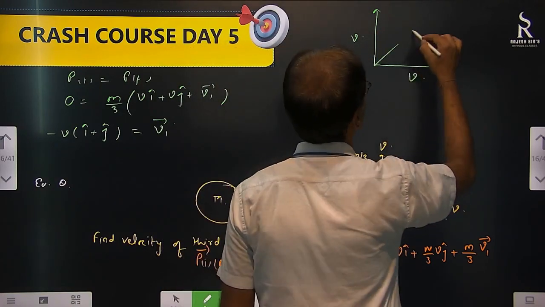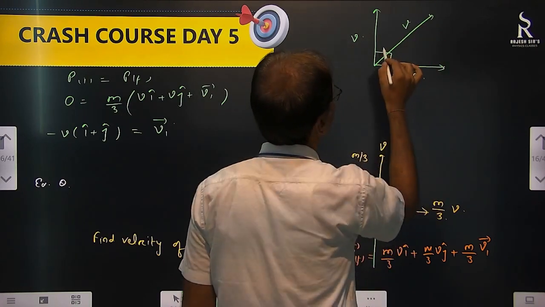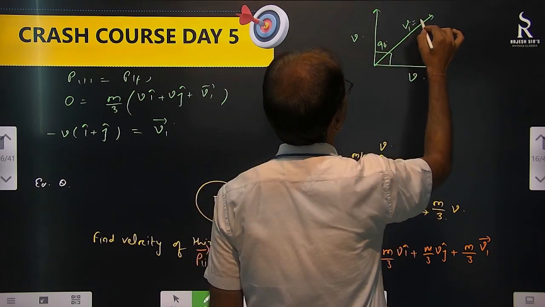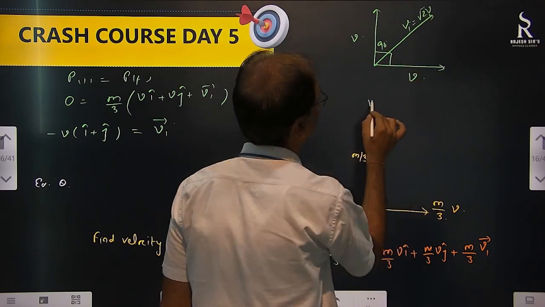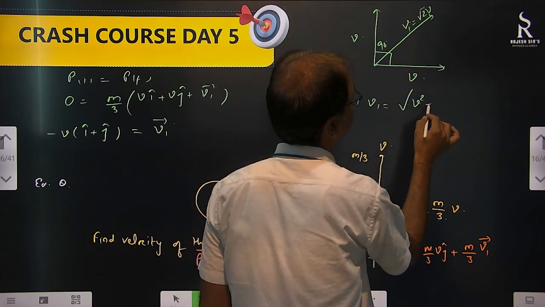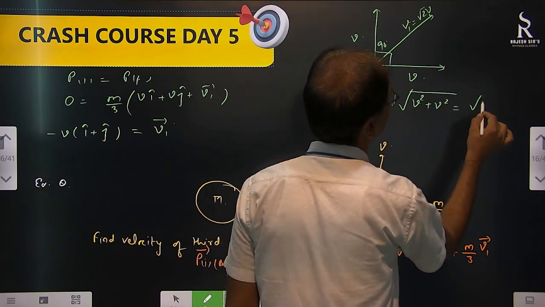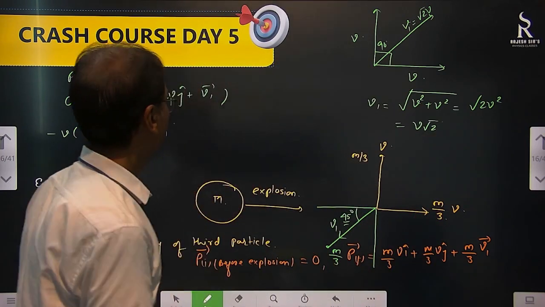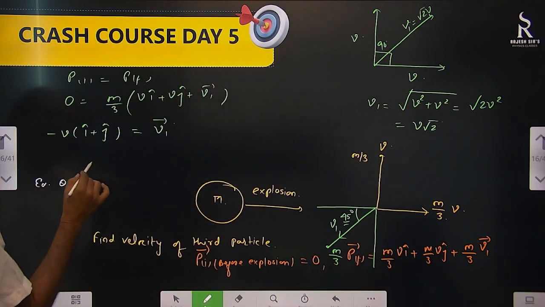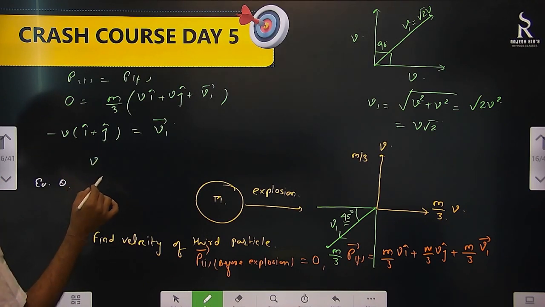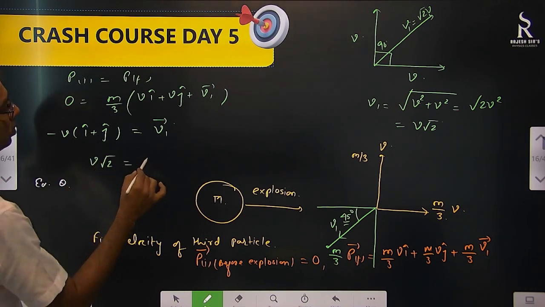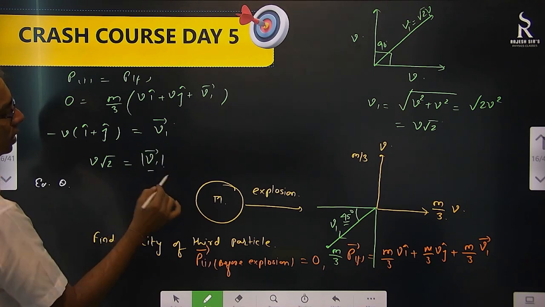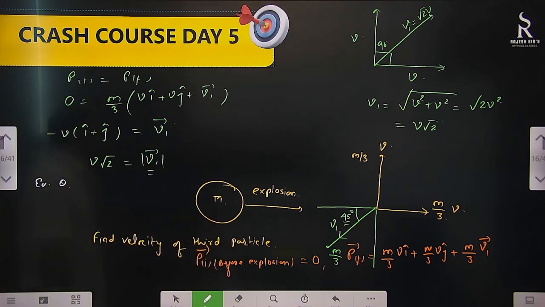Since they are perpendicular to each other, v1 will be equal to root over v square plus v square, that is root 2 v square, that is v root 2. So the magnitude of velocity is v root 2. Direction you already have. Is it clear? This is how explosion questions will come to us.